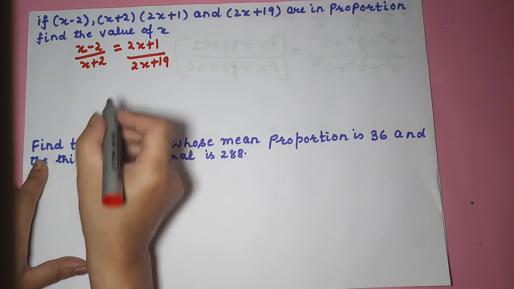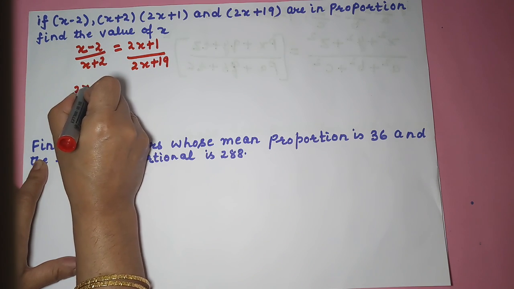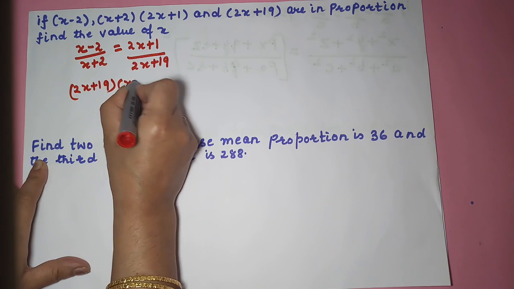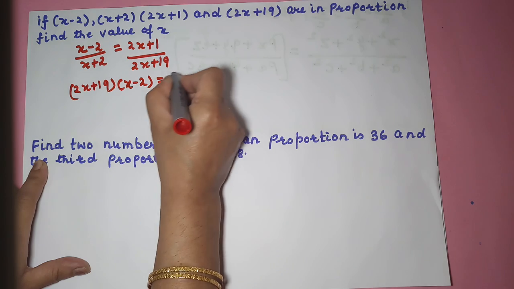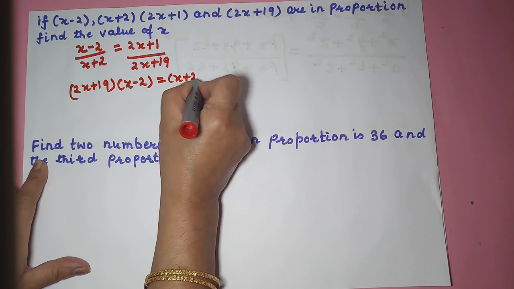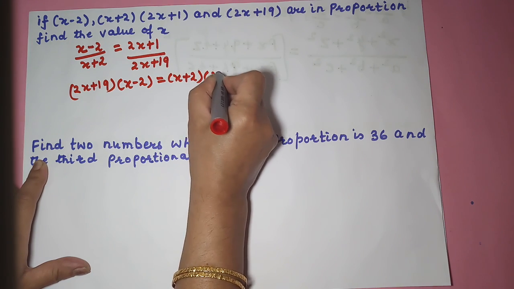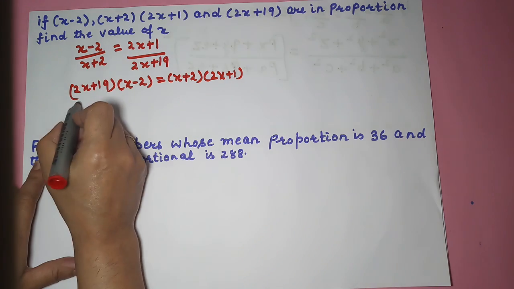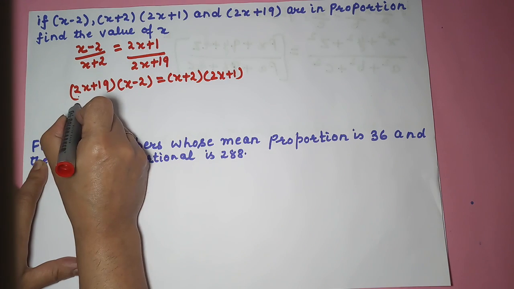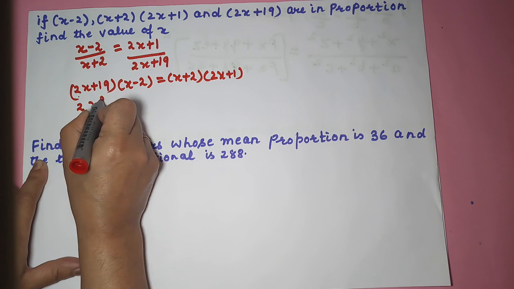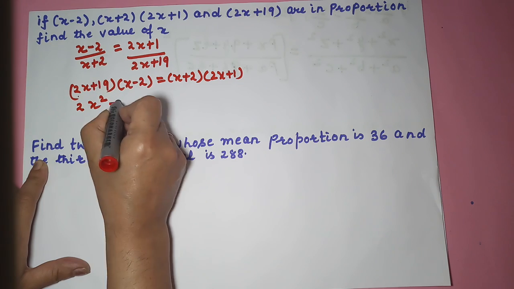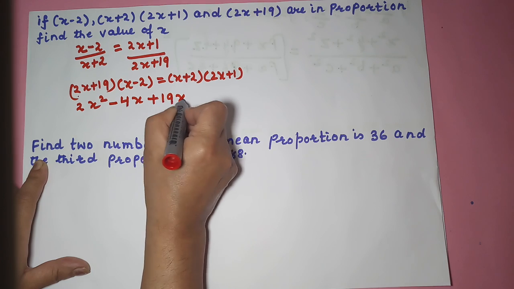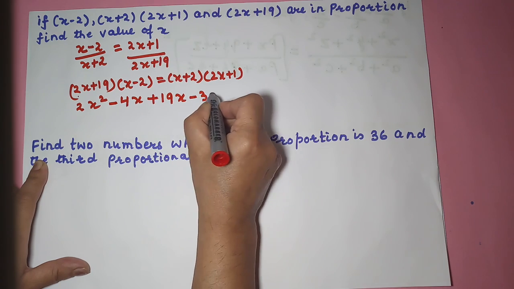Now we can cross multiply: 2x plus 19 into x minus 2 is equal to x plus 2 into 2x plus 1. Cross multiply. Okay, so 2x into x becomes 2x square minus 4x plus 19x and minus 38.